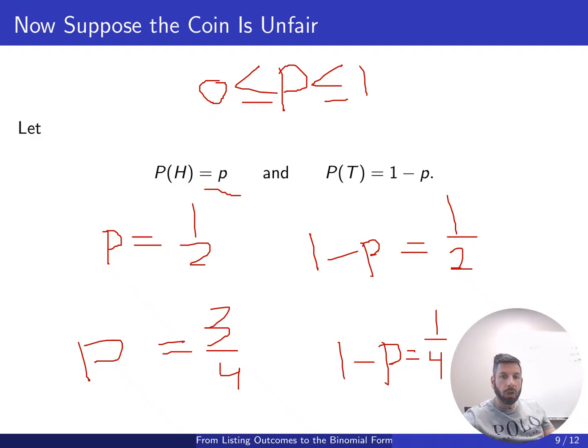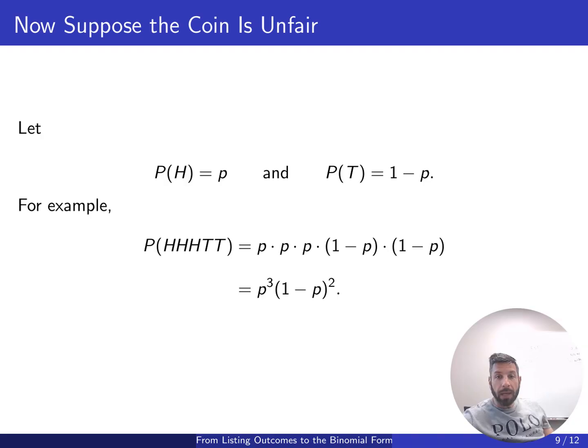Okay, so what we want to do is go back to that coin problem, and assume the coin is not fair. So everywhere that we had a 1/2, we are going to replace it with a p. Everywhere that we had a tails, we are going to replace it with 1 minus p.